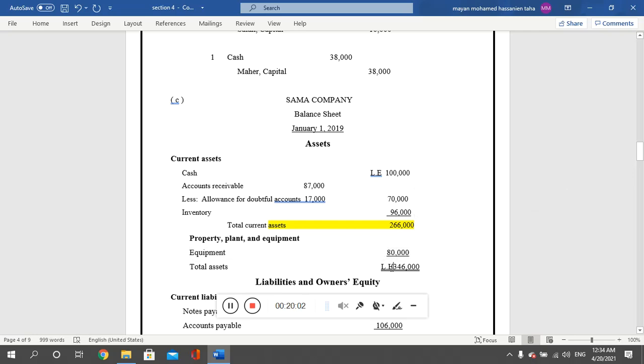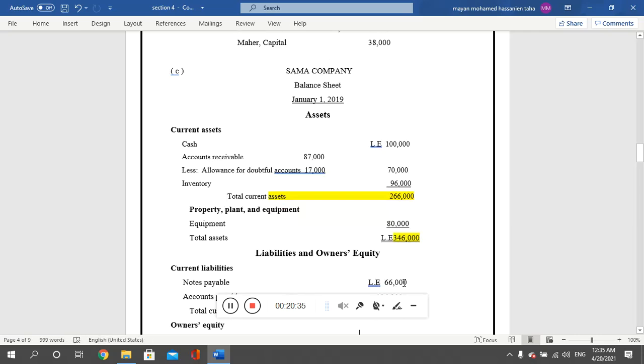So the total plant and equipment, or fixed assets, will be $80,000. Let's add total current assets plus total fixed assets. It will give us the total assets, the debit side in our equation. It will be 346,000 Egyptian pounds. And this is the assets side.